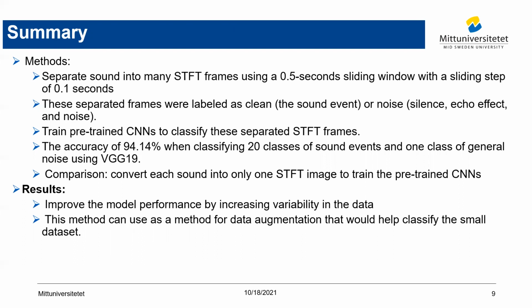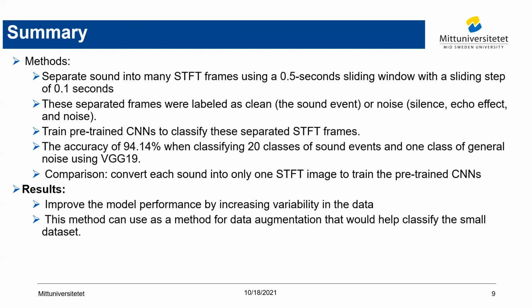To demonstrate the effect of the proposed method, we use the same pre-trained CNN as for the conventional method of converting each sound into one STFT frame. The results show that converting each sound into only one STFT frame and classifying using VGG19 reached 55.40%, which is much lower than our proposed method, which reached 94.14% for the classification task.